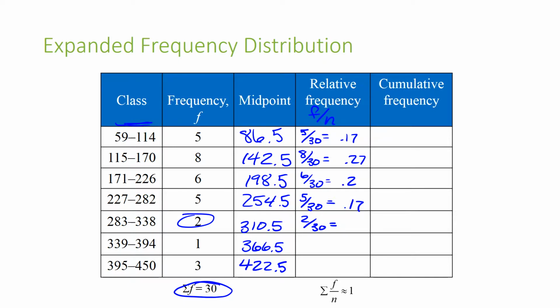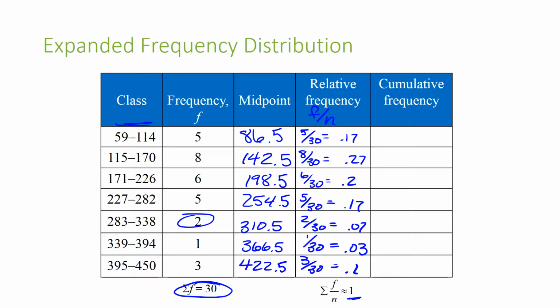That's how we're getting it. So the 2 out of 30 is 0.07. The 1 out of 30 is 0.03. And 3 out of 30 is exactly 0.1. And so if you add up all those relative frequencies, you will get 1 for the total.